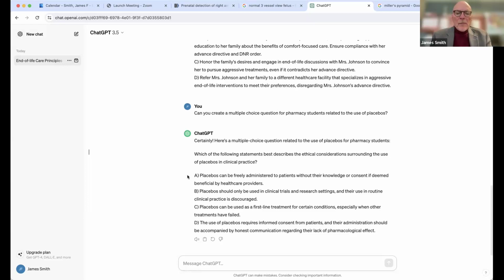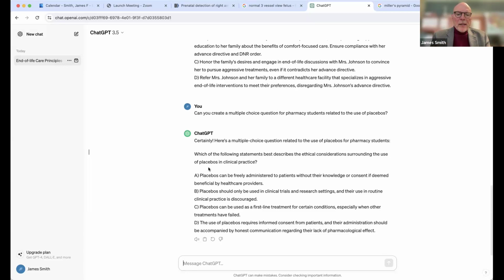And my concern is with a single question without a vignette, there's almost a tendency to look for a memorized answer. So in this one, which of the following statements best describes the ethical considerations surrounding the use of placebos in clinical practice? So very generic. There's no vignette. It's just in general.